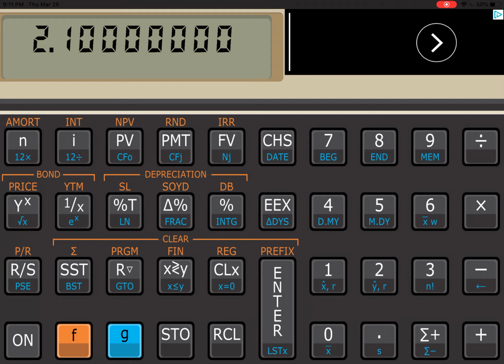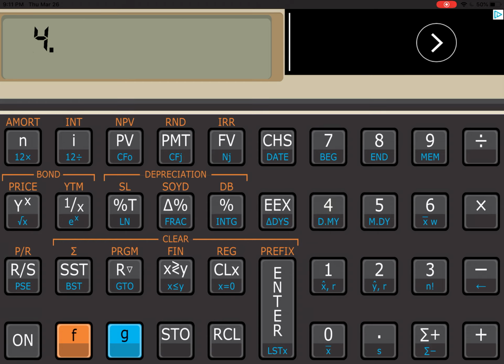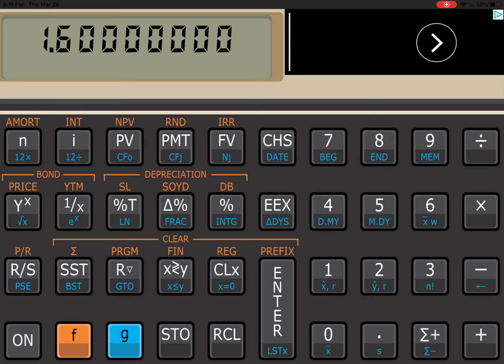So we have $2.10 as that difference. Then 0.4 times 4 for our dividends is $1.60, plus, so we have $3.70 total.